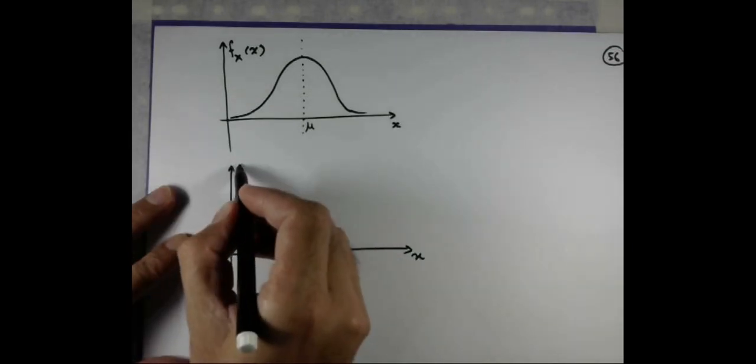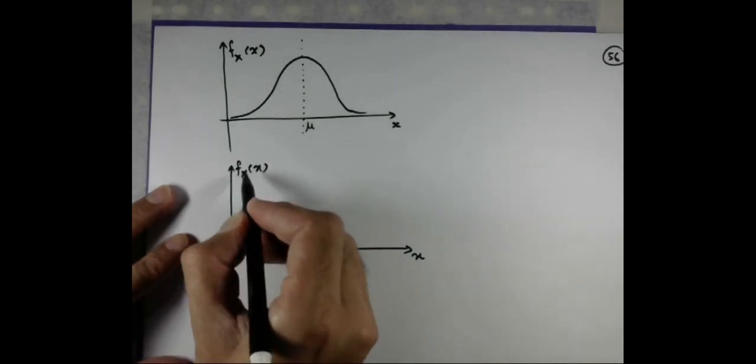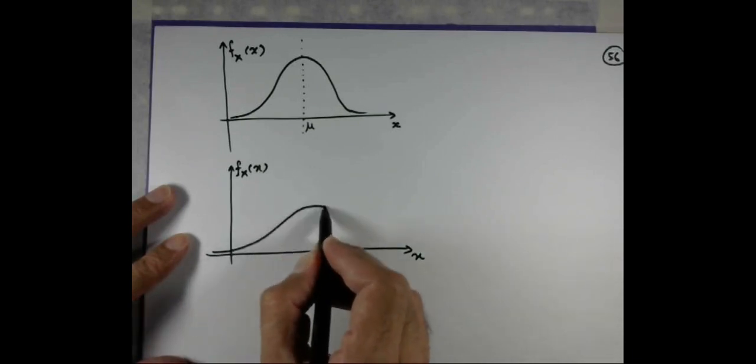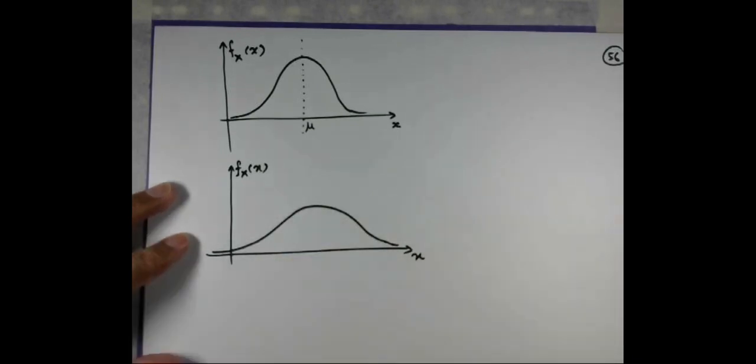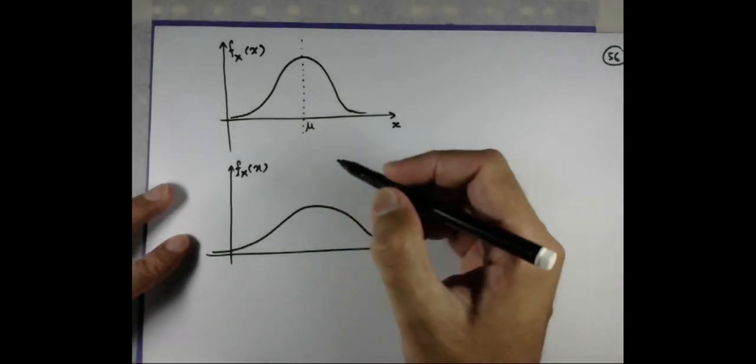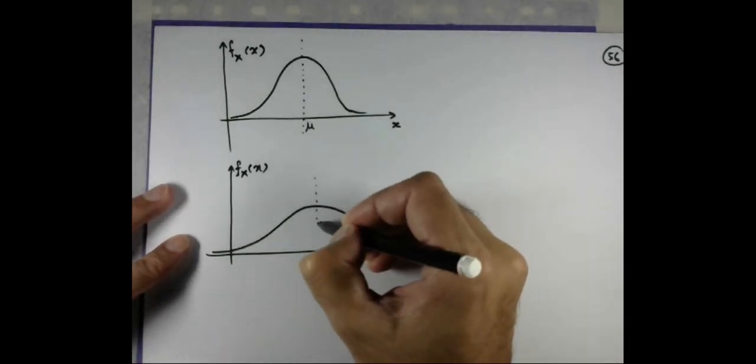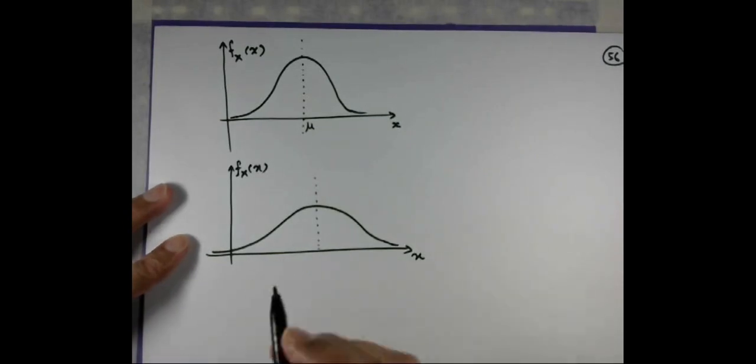We can have another Gaussian distribution, or normal distribution, say something like this. Pardon my drawing, assuming that this is reasonably nicely drawn. The symmetry is obviously there, and this is the mean value.